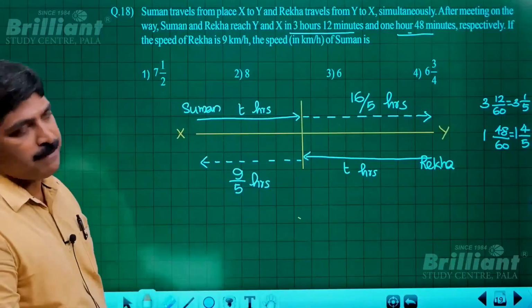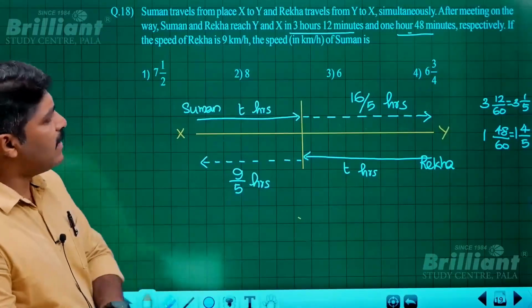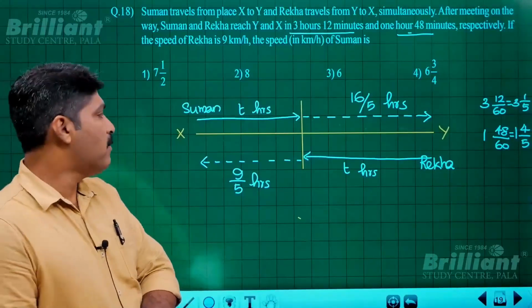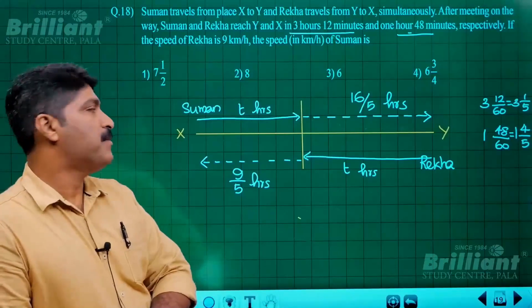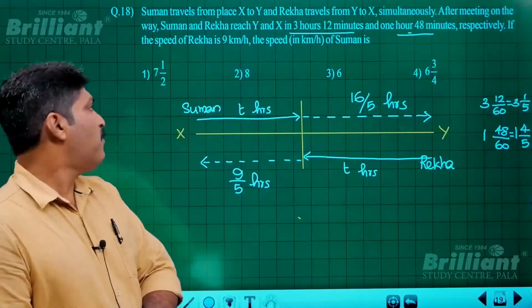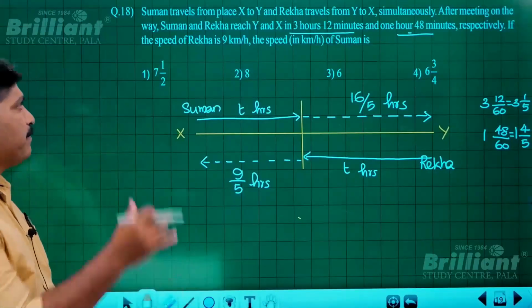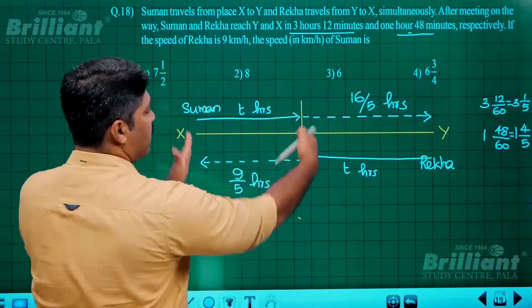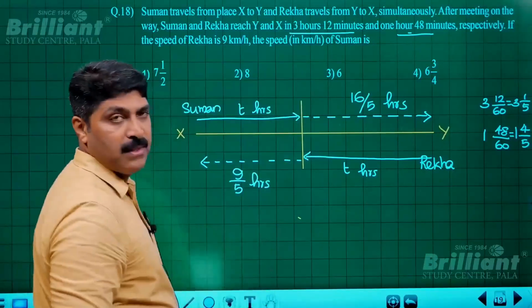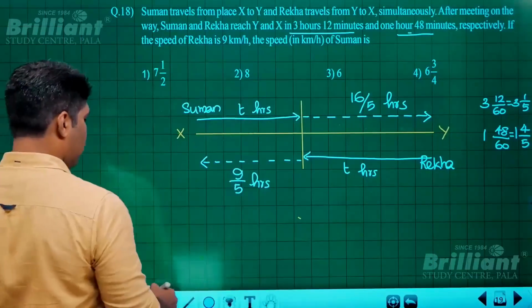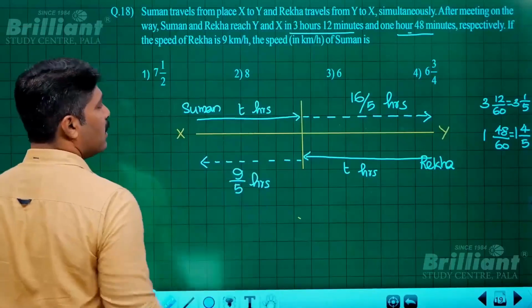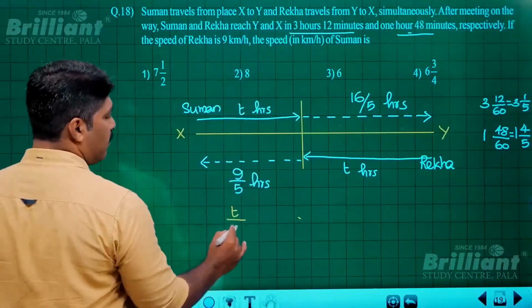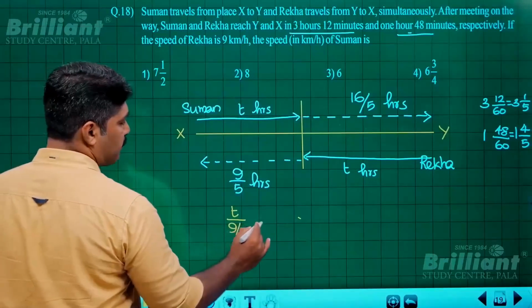Then how can we connect it, or how can we find the speed of the other person? Is it possible to find the ratio of the speeds of the persons? So how to find the ratio of the speeds in such a situation? While considering this constant distance, the time taken by Suman is T and the time taken by Rekha is 9 by 5.